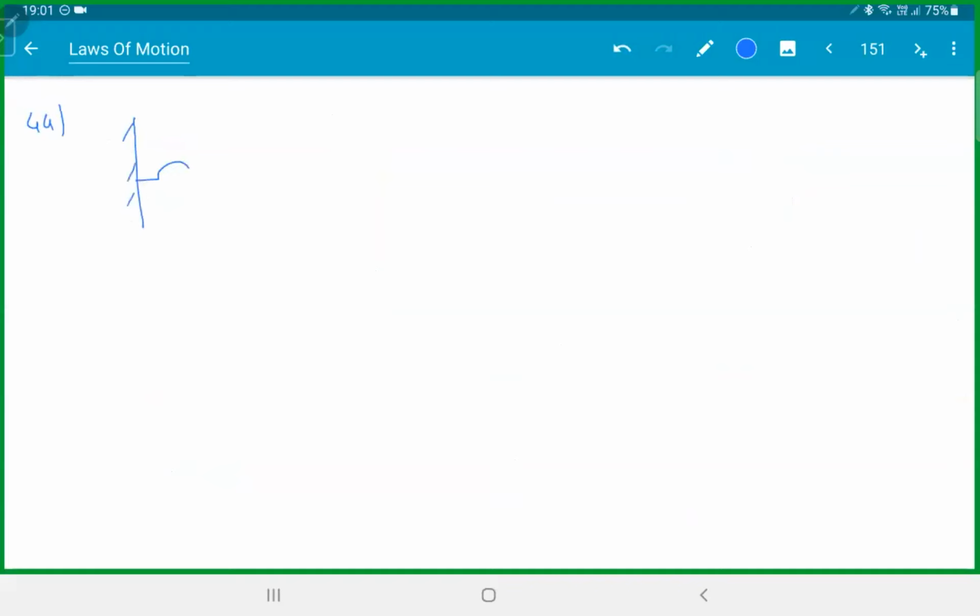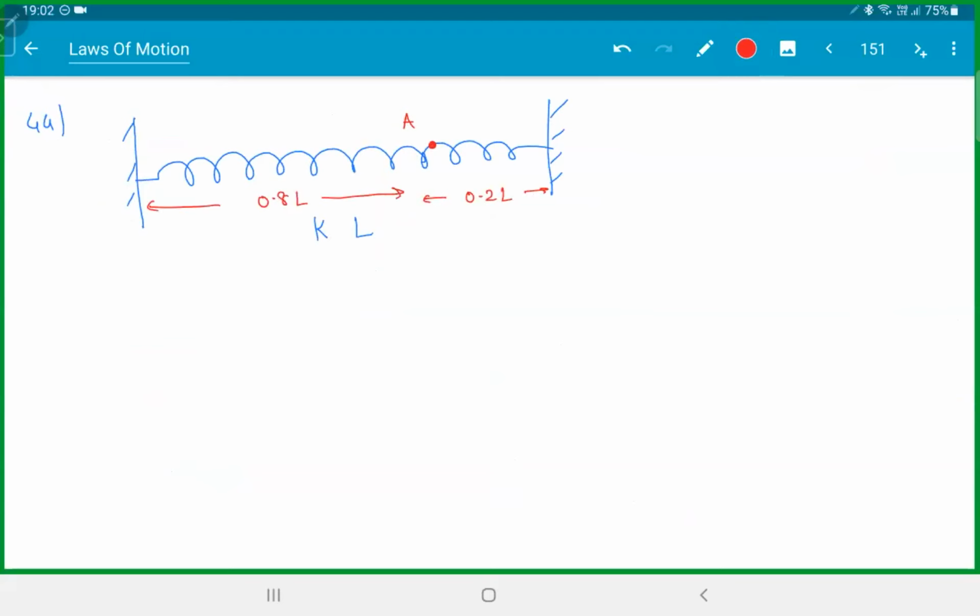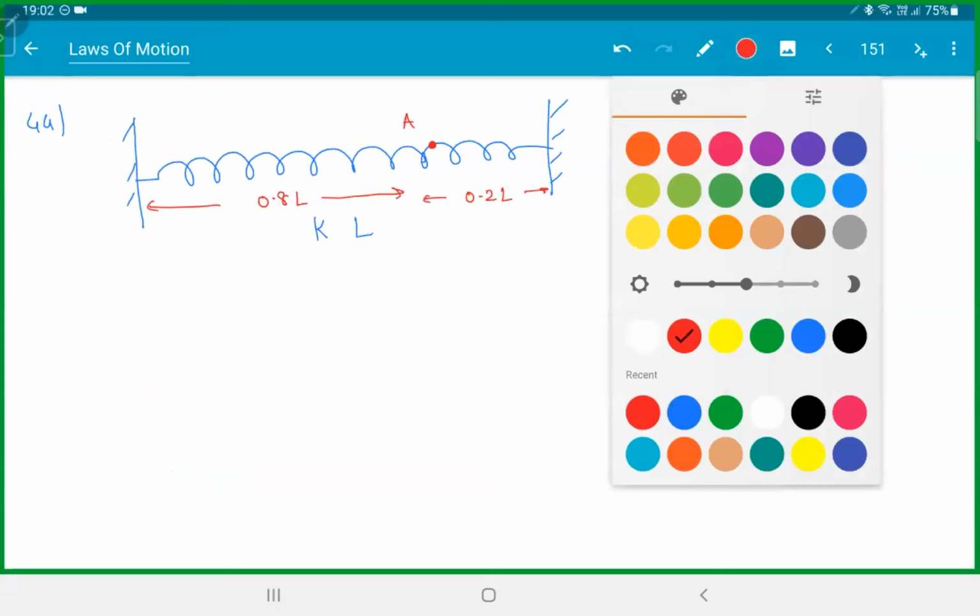So we got a wall, we got a spring. Spring constant is K and length is L. Somewhere in the middle here, at point A, which is at a distance of 0.2 L and 0.8 L, you're not catching the end of the spring.